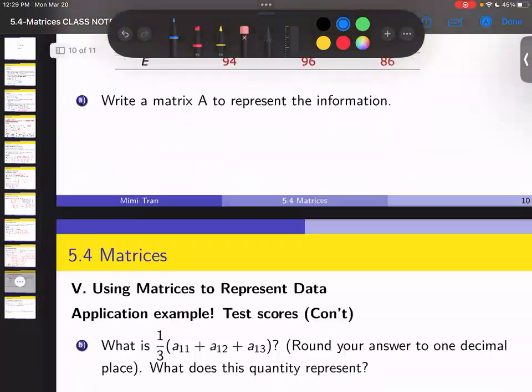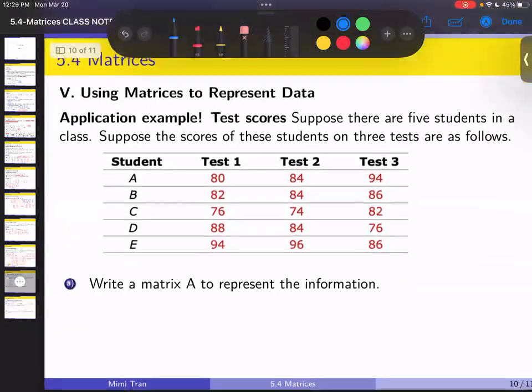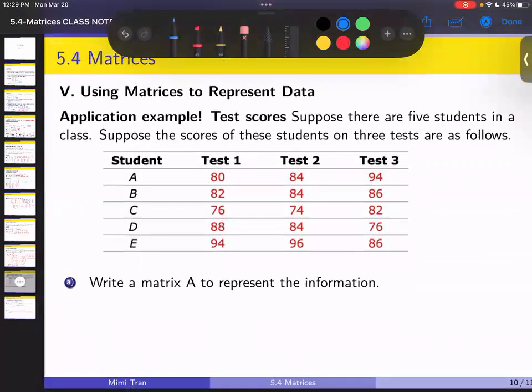All right, last one, and we'll do the quiz. Application example: test scores. Suppose there are 5 students in the class. Suppose the scores of these students on 3 tests are as follows. Student A, student B, C, D, E. Write matrix A to represent the information.